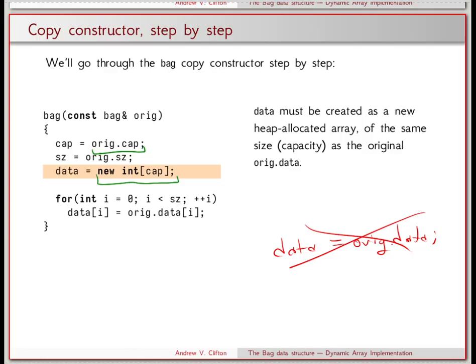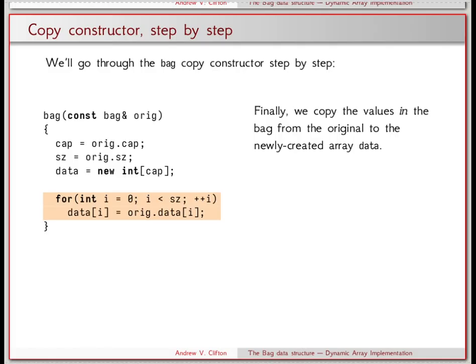Initially, this array has numbers in it, but they're just whatever random values happen to be there in memory. Then the second step is to loop over the original array and copy each element of it one at a time into the new array.